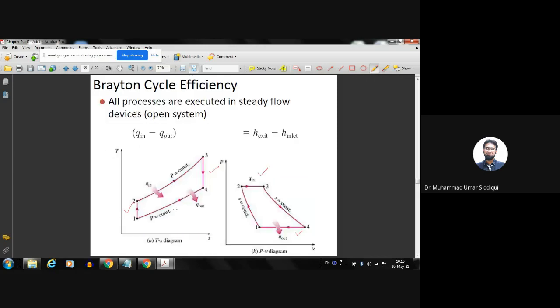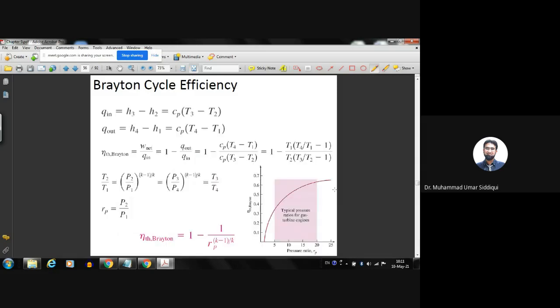I also mentioned that in the Brayton cycle, we have a pressure ratio because we have a high pressure and a low pressure in the system. High pressure divided by low pressure is the pressure ratio. Suppose we know the pressure ratio, and it is a process where we can assume constant specific heat values, or we need to do the approximate analysis, or it is mentioned to use the cold air standard assumption.